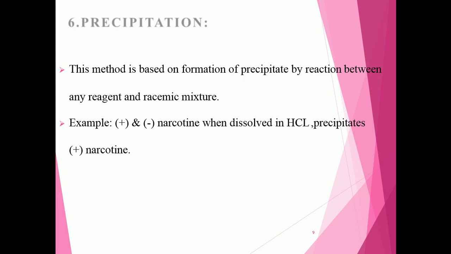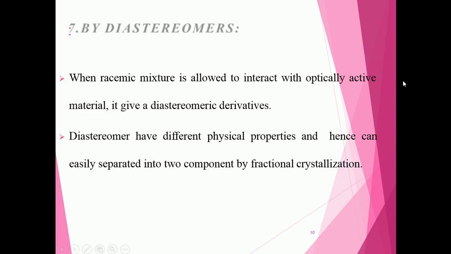Look at the example: narcotin, dextro and levonarcotin, when dissolved in HCl, precipitates only one particular kind of narcotin, that is dextronarcotin. Fine. So these are the methods.